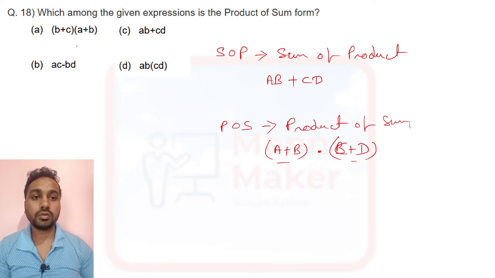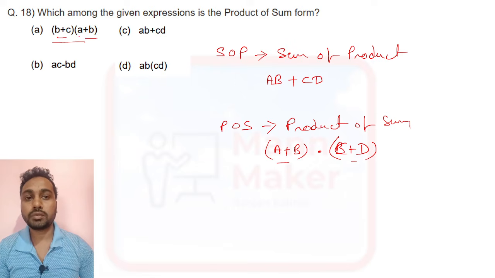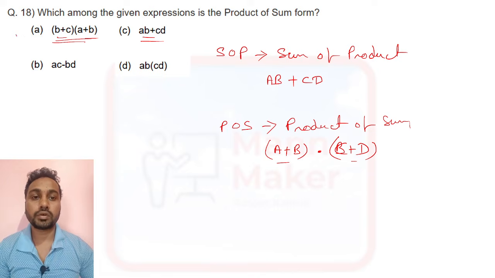In the options you can see only this example is related to POS, with two sums and their product, and the rest are SOP, that is sum of product. So option A is your right answer.